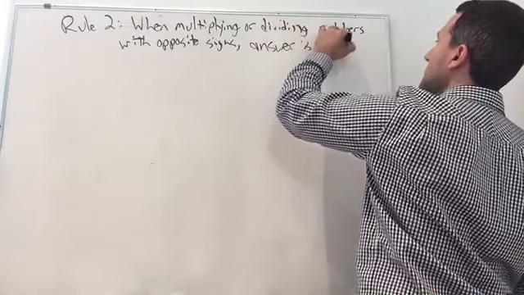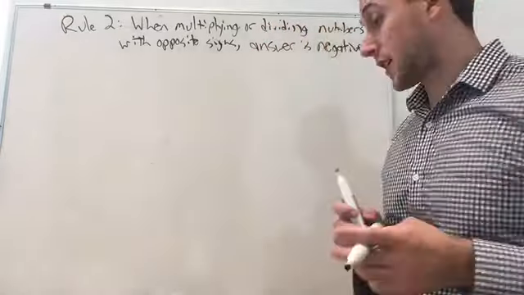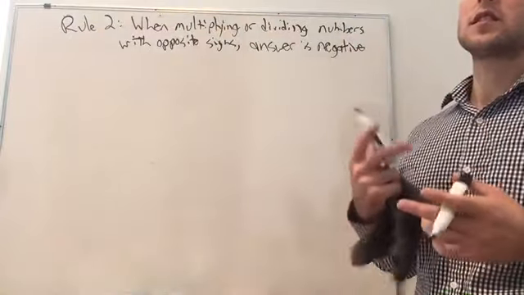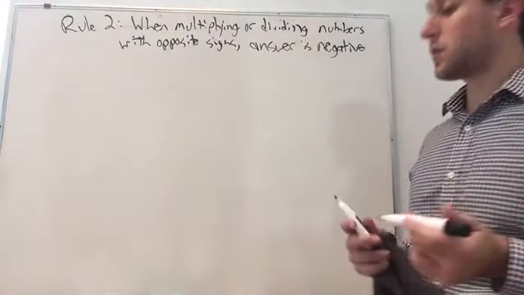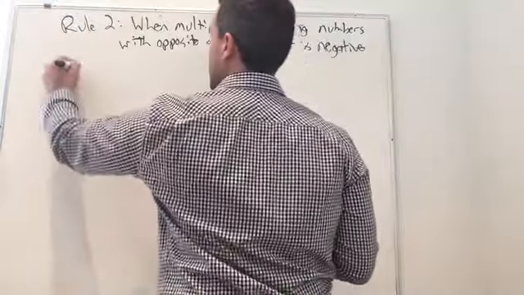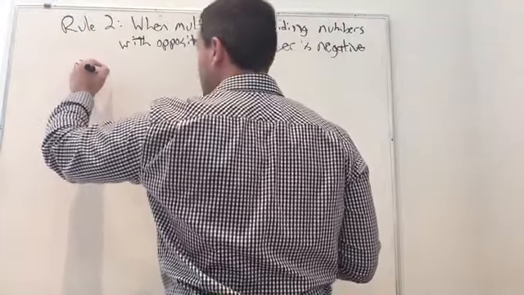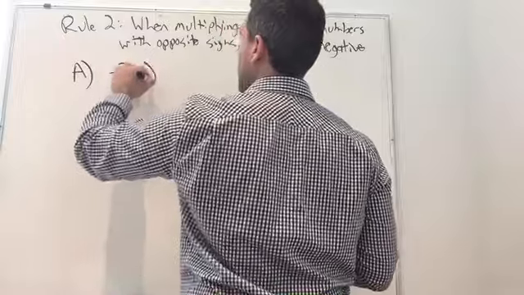That's a good thing about multiplying and dividing. The rules are the same, right? So positive times a negative is going to be a negative. Negative divided by positive is going to be a negative. Always, always, always. So the examples that we have, A, negative 3 times positive 2.